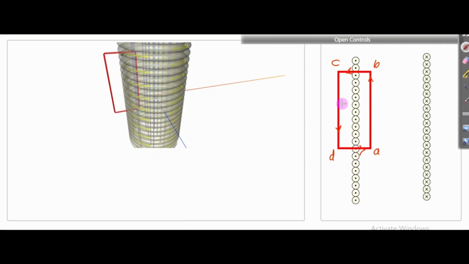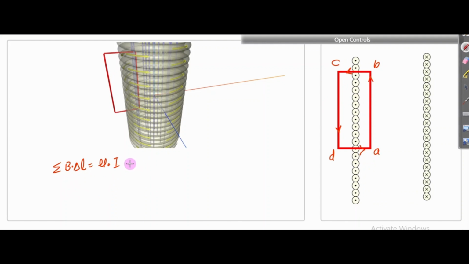So this is called the Amperian loop, and here we know that the expression for the Ampere's law is given by the summation of B dot dl is equal to mu naught times the I enclosed.